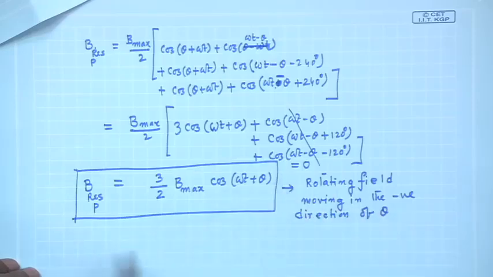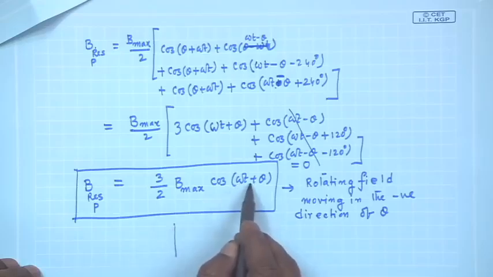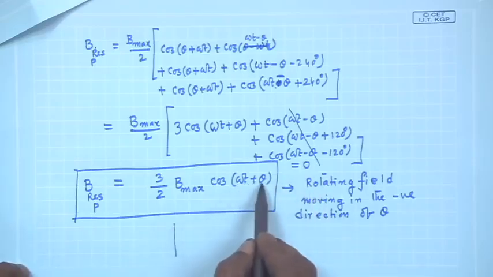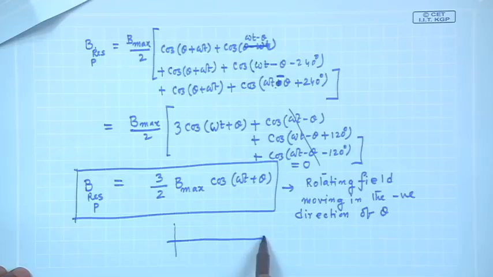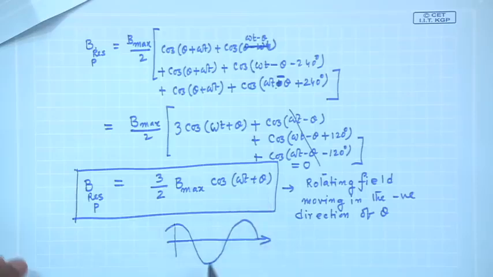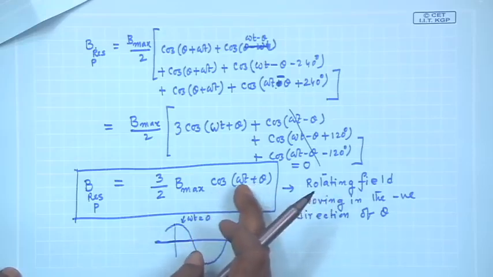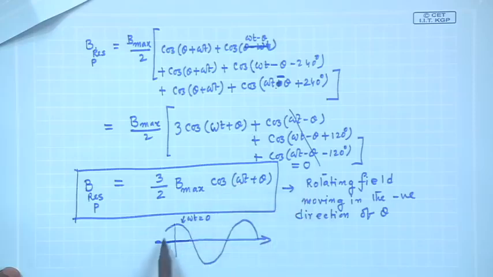And it has to be, because if the rotating field is somewhere here now, after a certain time with respect to theta, it will be leading this voltage. So, it will move if theta is this direction and this is your resultant field here at omega t equal to 0. Then at omega t certain value, it will be cosine theta plus that value, which is nothing but a leading waveform. So, this is theta, and this waveform will then move in this direction.